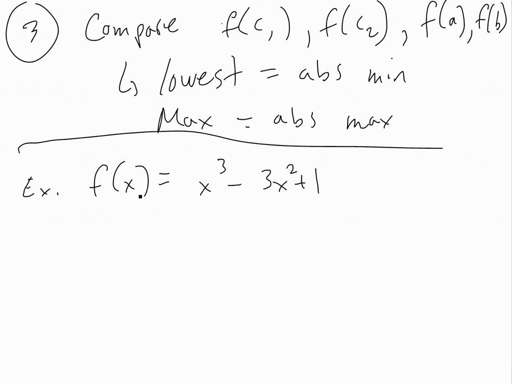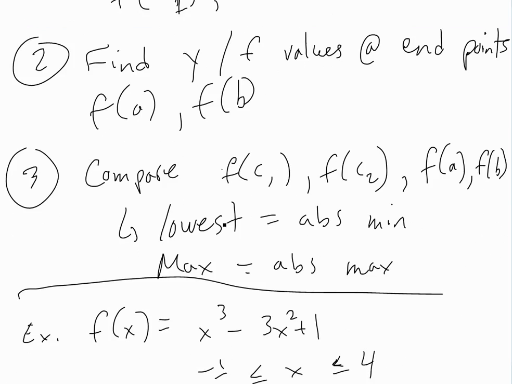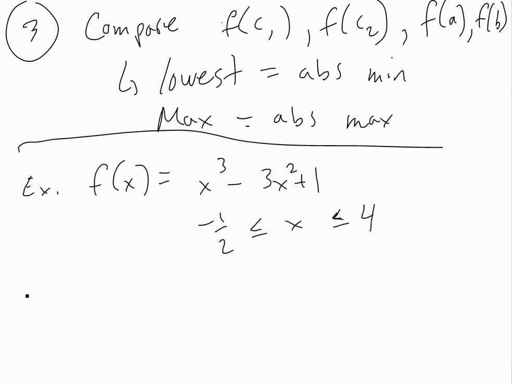Okay, so let's say an example: f of x equals x cubed minus 3x squared plus 1 on the interval x greater than or equal to -2 and less than or equal to 4. If we follow the steps above, the first thing we do is find the critical numbers.